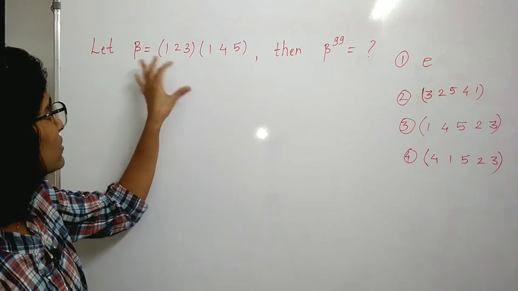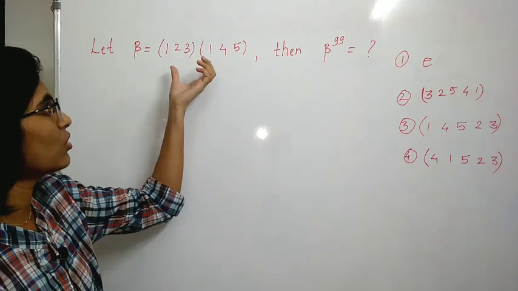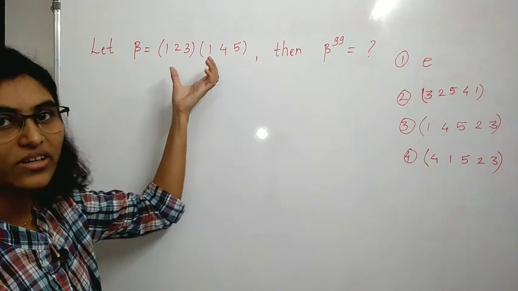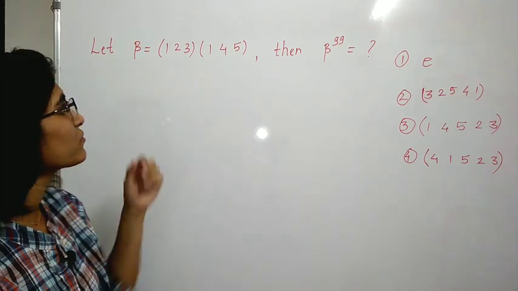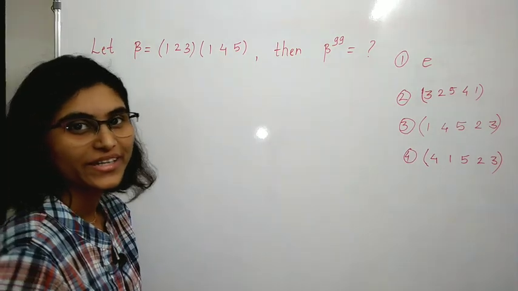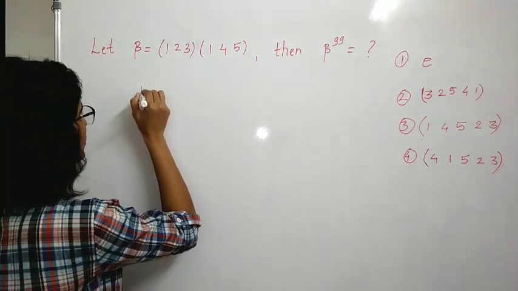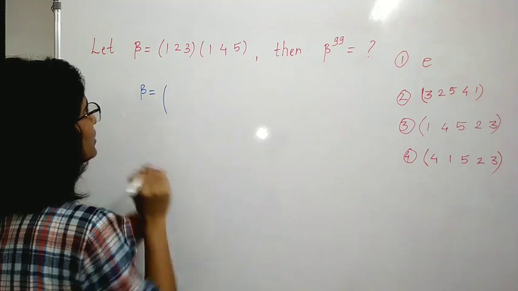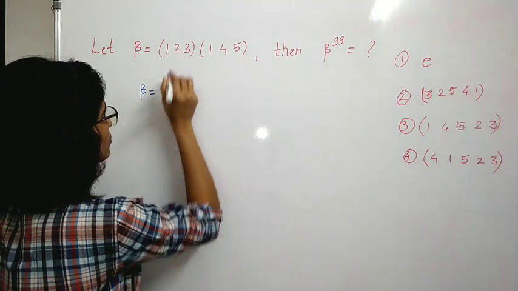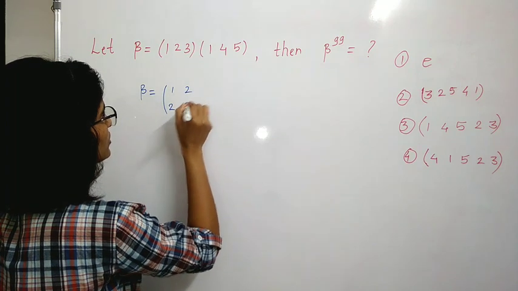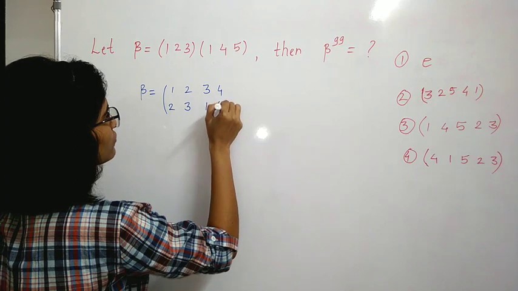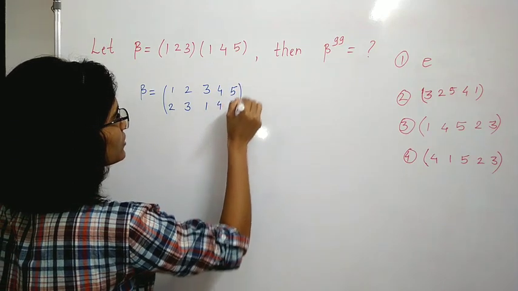Now note that this beta is a product of two cycles, but these are not disjoint cycles. So let us first find what is exactly beta. Beta is just equal to, now here the meaning of this is 1 maps to 2, 2 maps to 3, 3 maps to 1, and 4 is fixed, 5 is also fixed.